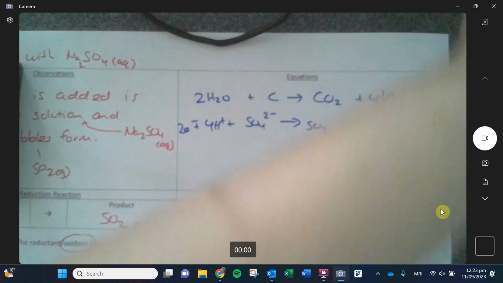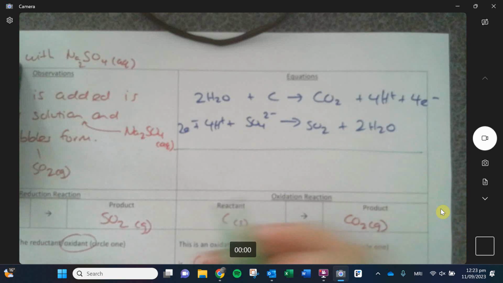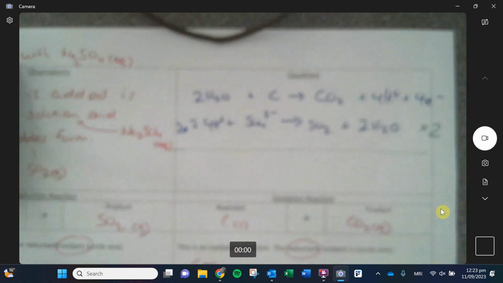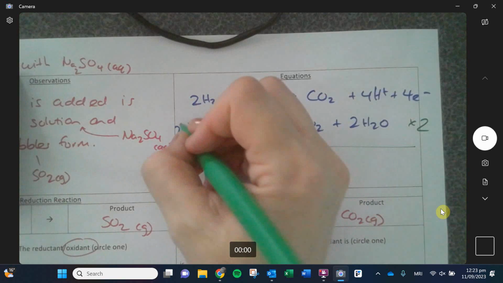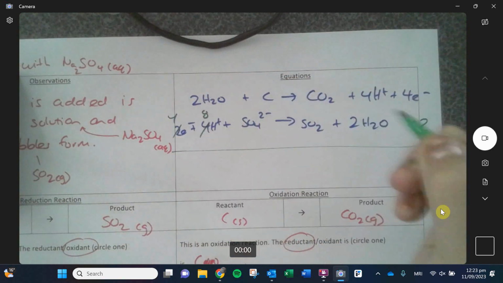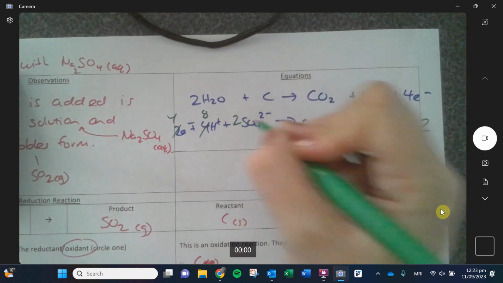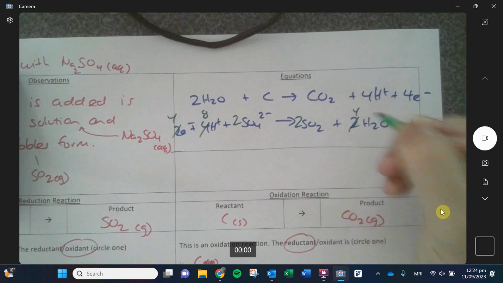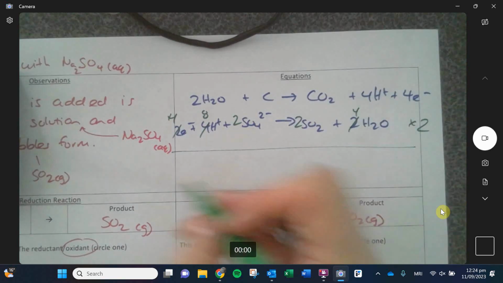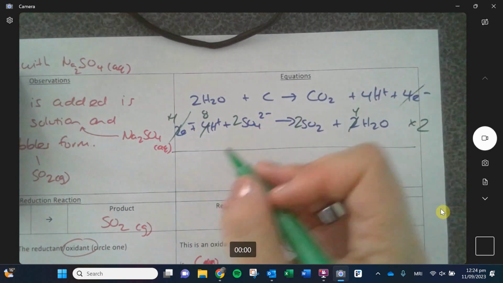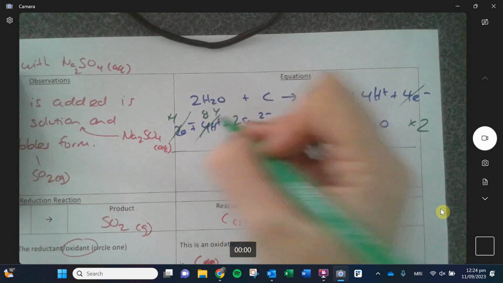If I want to get up to excellence, I'm putting these equations together. I'm multiplying this bottom half by 2. So like I said, that became 4, that became 8, that became 2, that became 2, that became 4. And then we put the whole thing together. Electrons cancel out. That now goes back to a 4 because that cancels out.